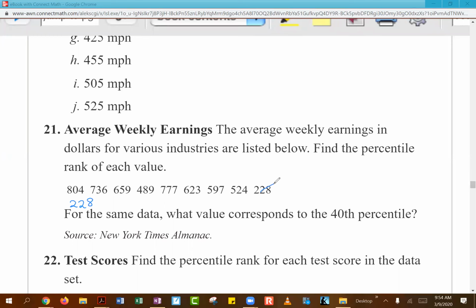What would be next in line? 489. 524. 597. 623. 659. 736. 777. That would mean he's the last one.